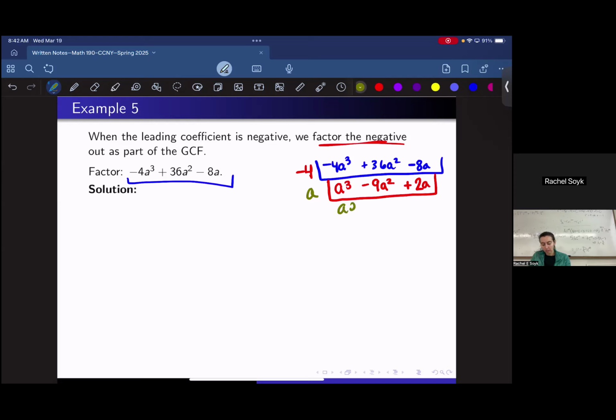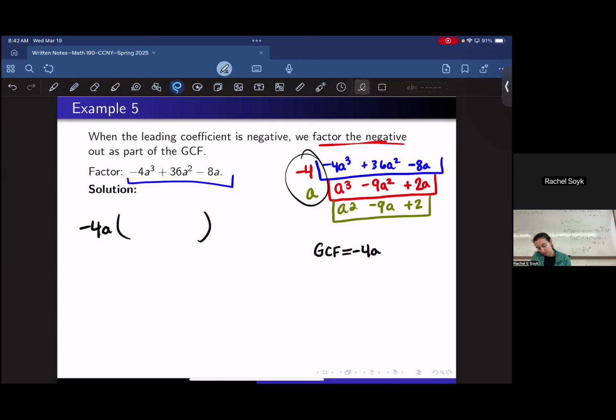So that we're left with a squared minus 9a plus 2. And so what's our GCF here? Negative 4a. So when we rewrite this, we have negative 4a, and then in parentheses, our whole a squared minus 9a plus 2, which does this happen to once again be a prime trinomial?